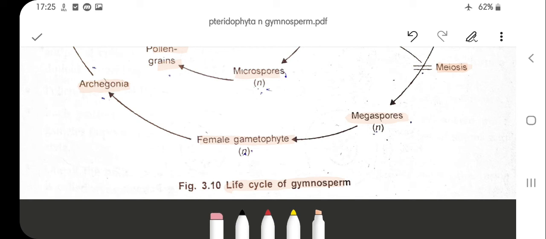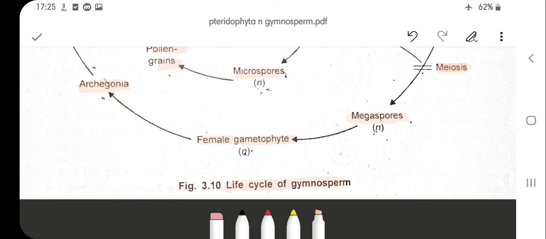So with this we finish this chapter 2, that is kingdom Plantae, in which we discussed the 4 divisions. Number 1, division Thallophyta, commonly known as the algae. Number 2, Bryophyta, known as plant amphibians, then Pteridophyta, that is your first land plants, and this is the gymnosperm, which is your higher plants having seeds but not enclosed in a fruit, that is the naked seeds and non-flowering plants.